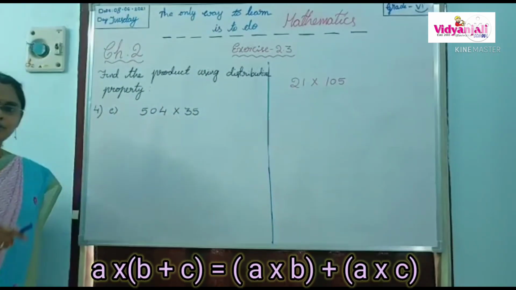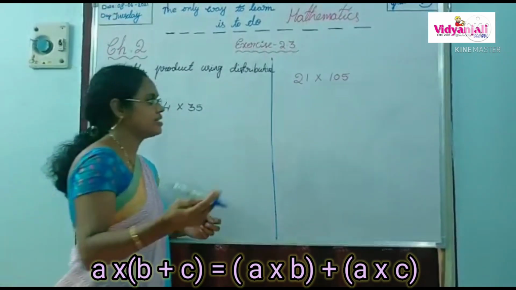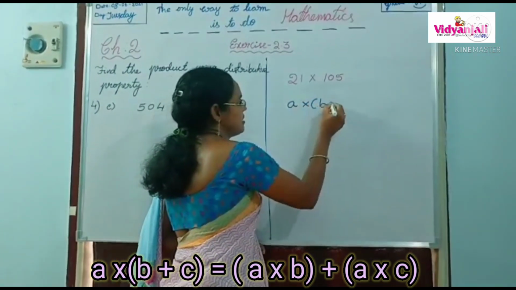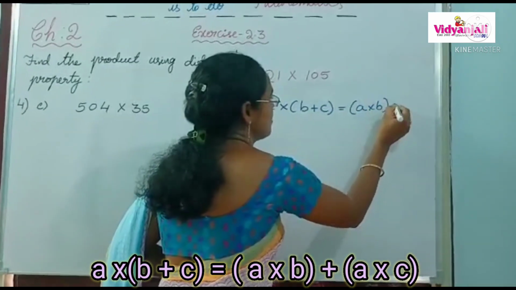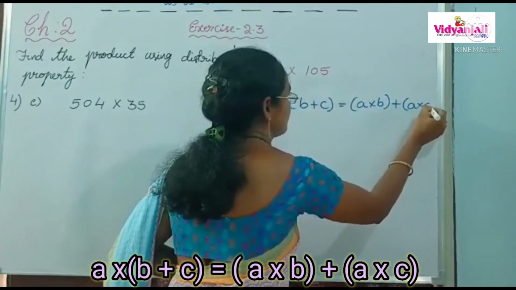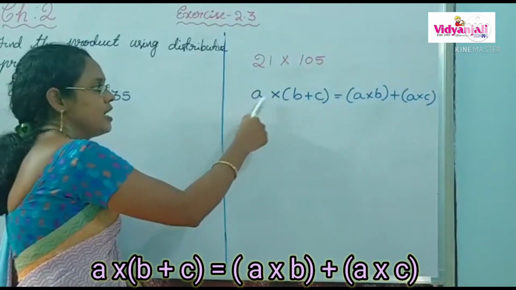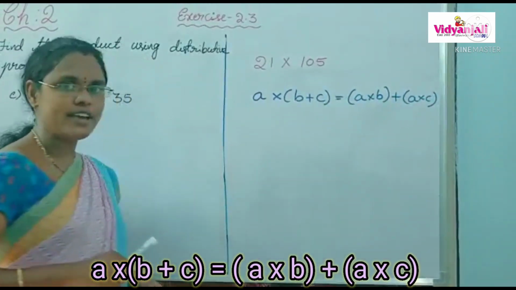What is distributive property? Let us check once. A into B plus C equal to A into B plus A into C. This is distributivity property over addition. How we get this property?